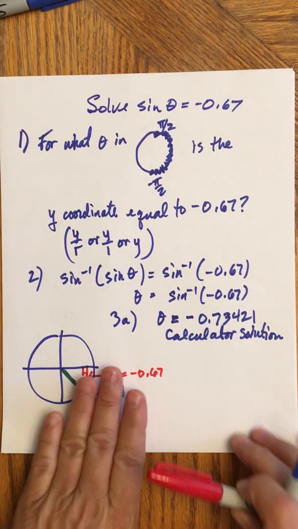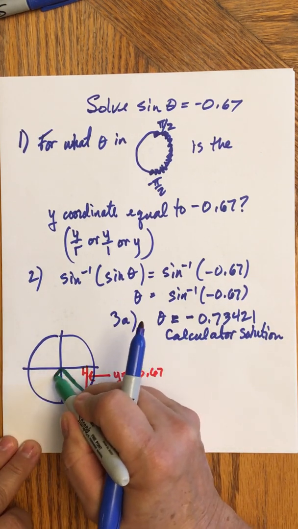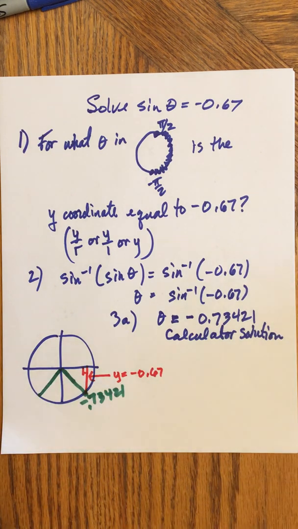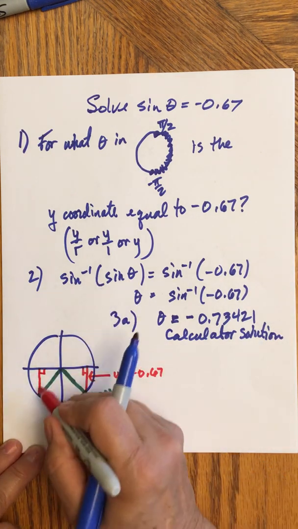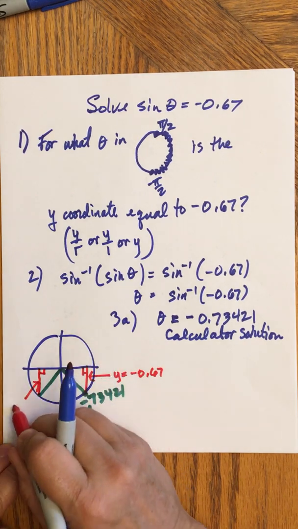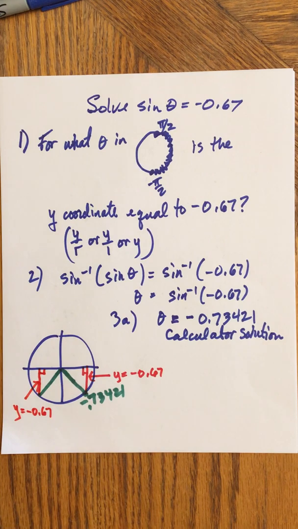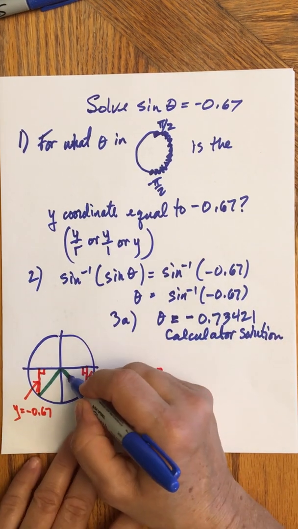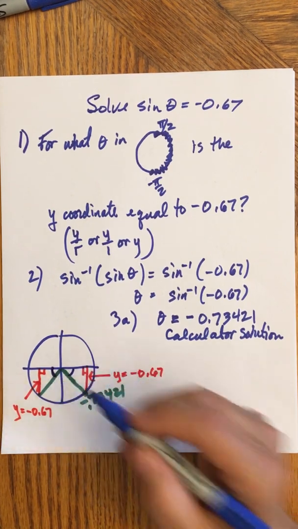So if I reflect this triangle here into the third quadrant, what I would see is this is what I would get, right? And I drop to the x-axis, and again, this y-coordinate is negative 0.67. So essentially, this reference triangle is the same as this. They're exactly the same.